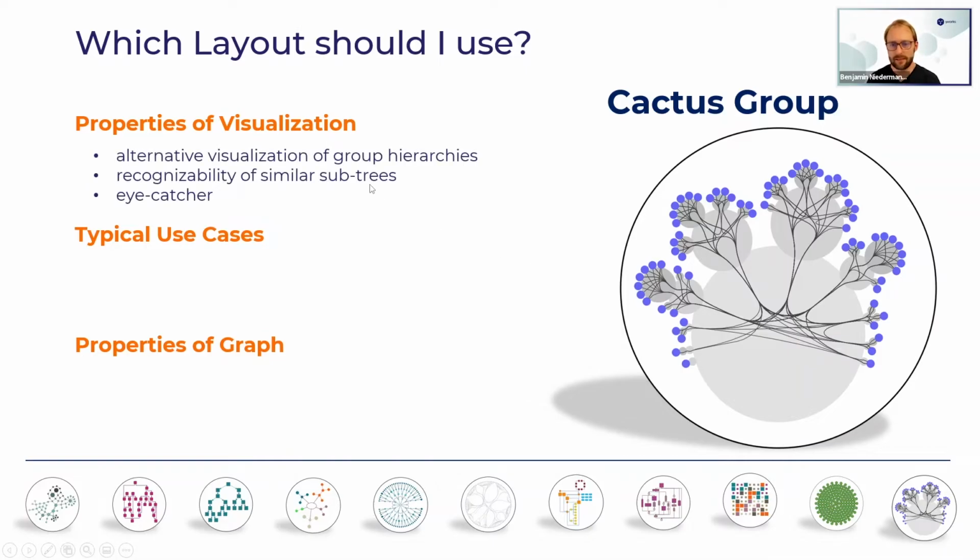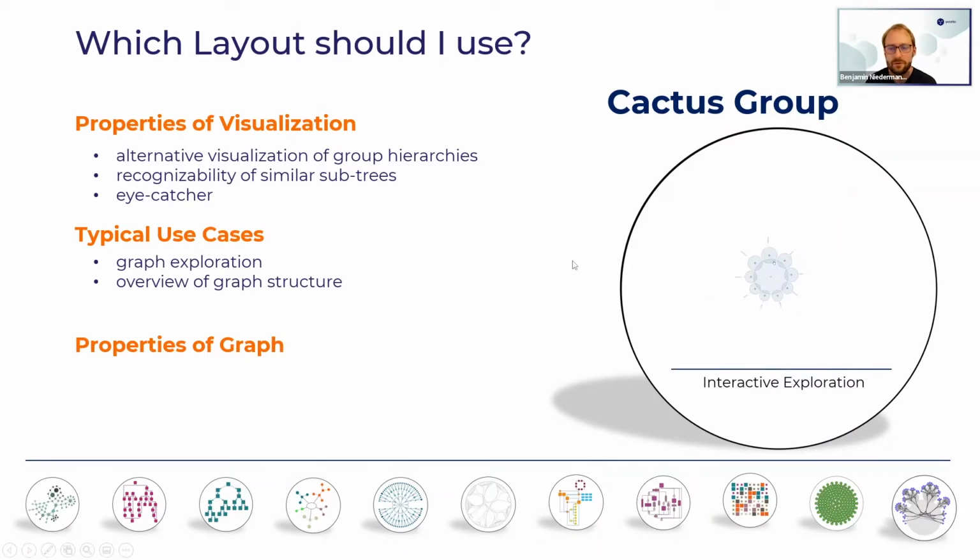This is an alternative visualization of group hierarchies, and it provides you with the possibility that you can recognize similar substructures very easily. For example, here you have some kind of tree or subgroup that you can find here again. Maybe the edges are not completely equal, but it shows that there's some group that has again the same substructure.